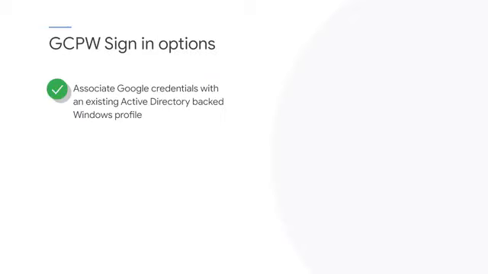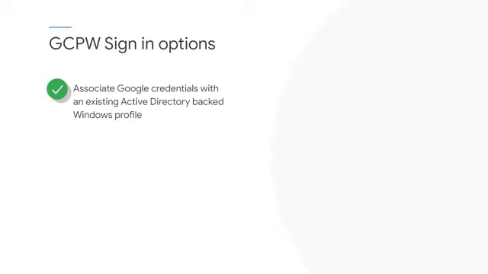When you deploy GCPW on your users' devices, you have several options to associate their Google credentials with their Windows profile. The most common use case is where your users are already logging into Windows devices using an Active Directory based Windows profile.